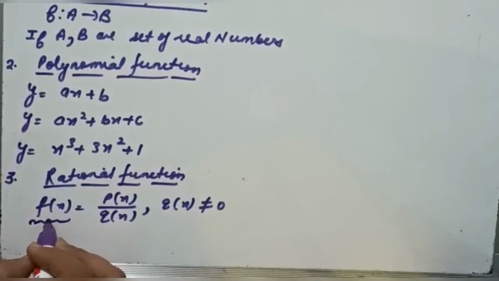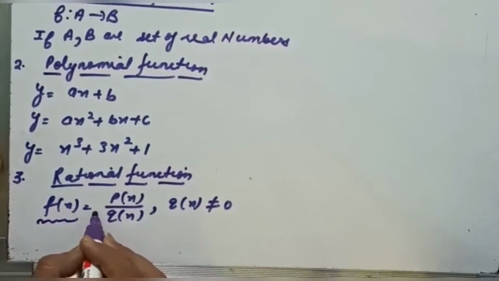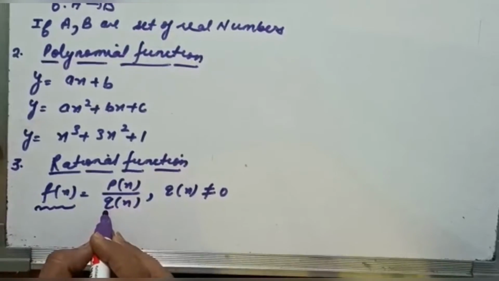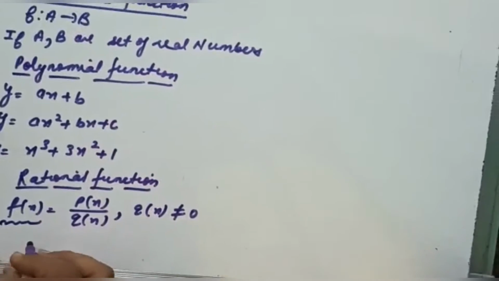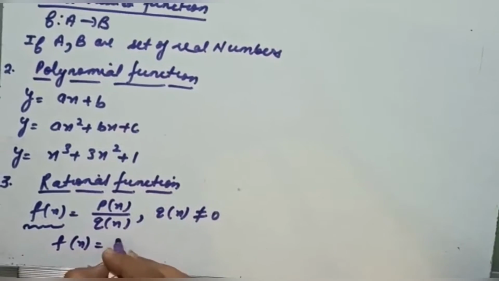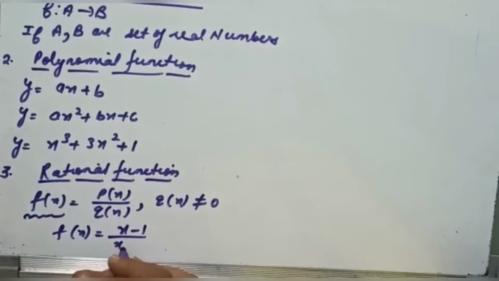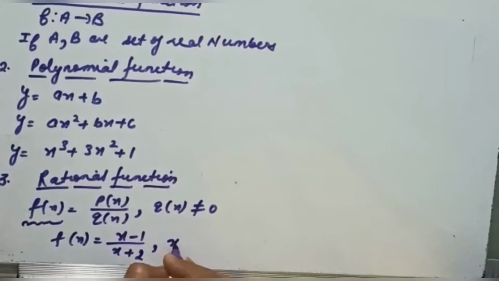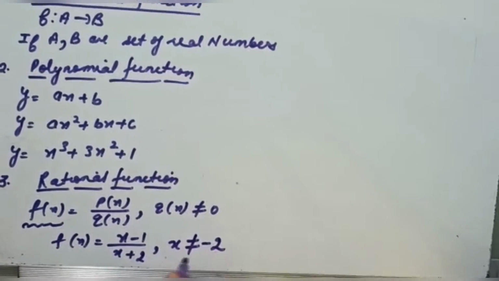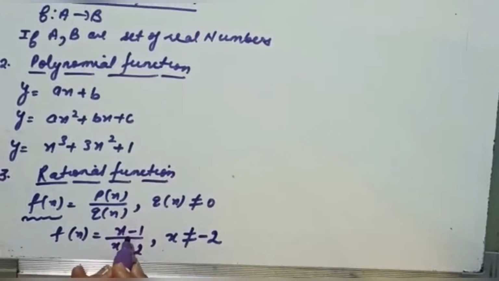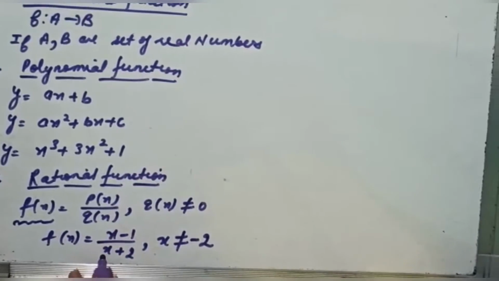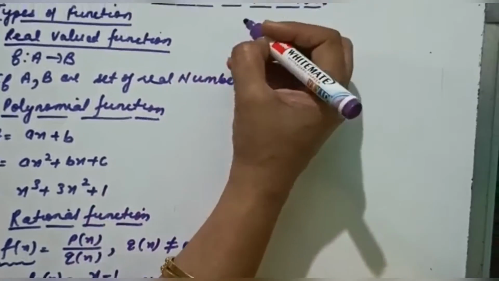So f bracket x, it is known as fx, that is px upon qx, where qx is not equal to 0. Such type of function is known as rational function. For example, x minus 1 over x plus 2, where x cannot be minus 2, because if x is minus 2, denominator will be 0, it will become not defined. So denominator should not be 0.